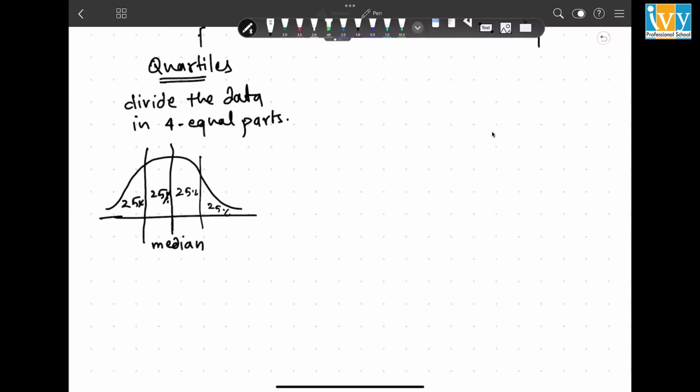So these 3 points are nothing but my Q1, Q2, and Q3. These are known as quartiles. The middle quartile, Q2, is also known as the median value. So these 3 points divide the data into 4 equal parts of 25% each.